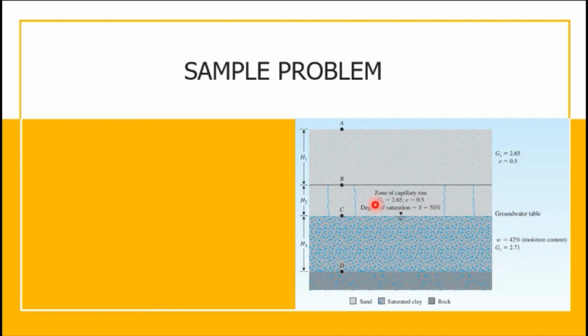And then for the clay, which is saturated, we have to consider the saturated unit weight. In this case, the given are only specific gravity and moisture content. In order to get the saturated unit weight, we need the void ratio, because the saturated unit weight is equal to specific gravity plus e over 1 plus e, multiplied by the unit weight of water.